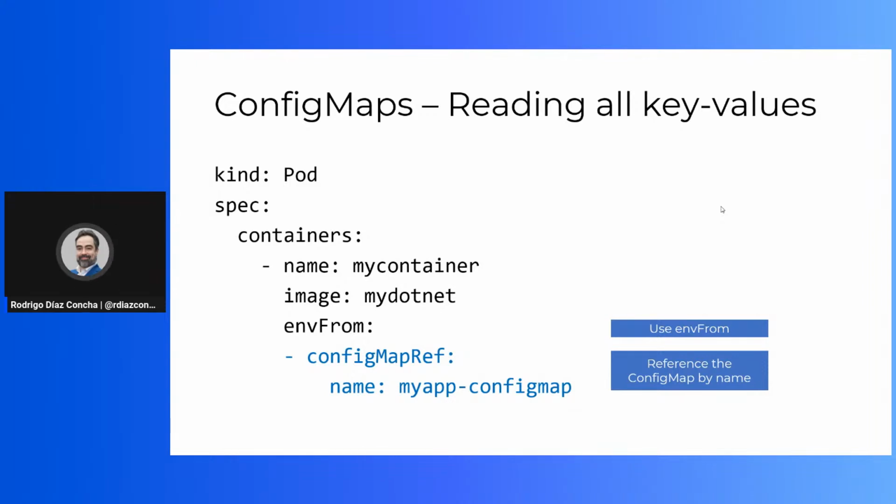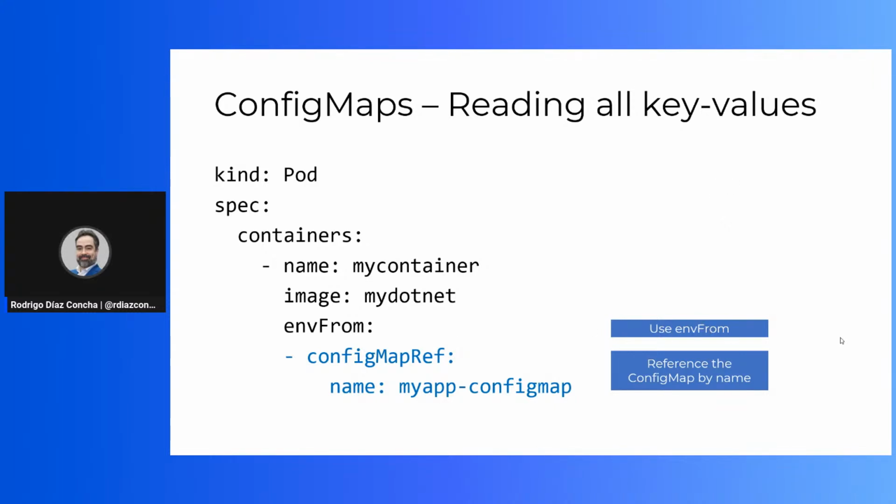So let's say that you have a pod where you want to use those config map key value pairs. So what would you do? So in this case, as you can see, in this fragment of this pod manifest file, I'm using env from, right?